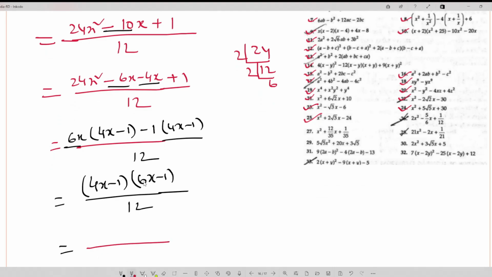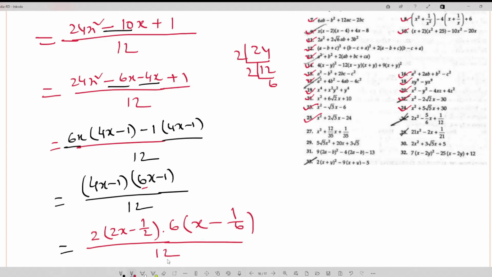In this case we can take 6 common, and we need at least 2, so 6 times 2 means 12. So here we take 2 common, and it becomes (2x − 1/2), because 2 times 2 means 4, and 2 times 1/2 means only 1. Again here we can take 6 common, so (x − 1/6), right?